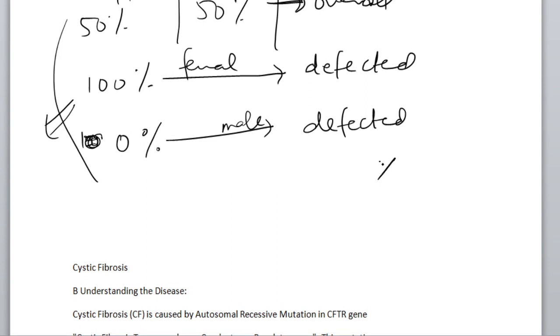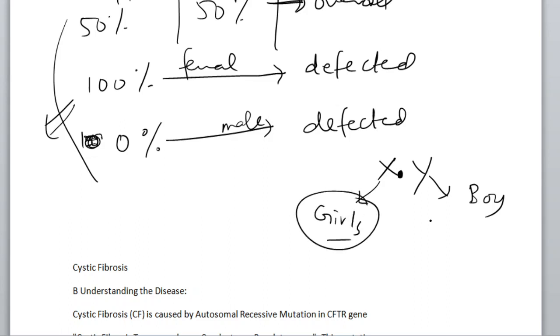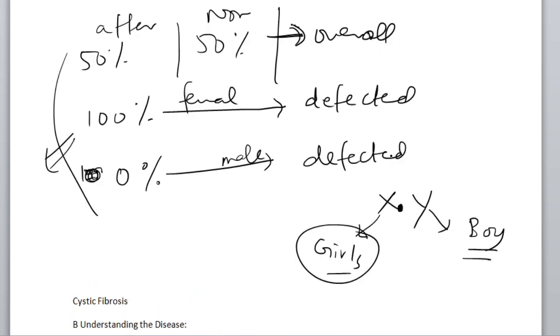Because as you know, the father has X and Y. This Y goes to boys, and this X goes to the girls. So all the girls will be affected and the boys will be spared, because they get X from the mother, not from the father. This way they are spared of the disease.